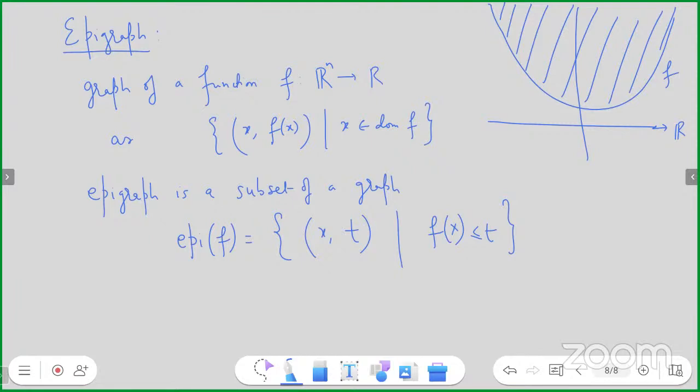So now think about it: if the epigraph is convex, why should the function be convex?